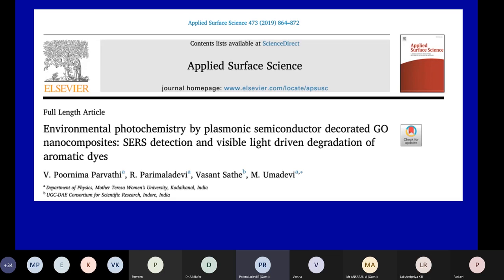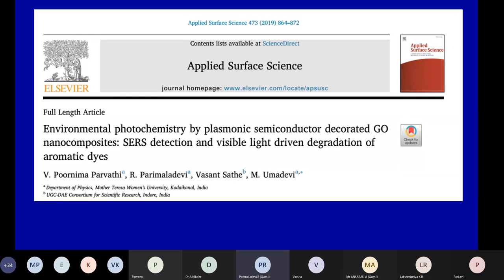So to increase that activity, we again added graphene oxide in that compound. Here we take an aromatic dye, different kinds of dye, and study detection and degradation of that dye using this graphene oxide nanocomposite.